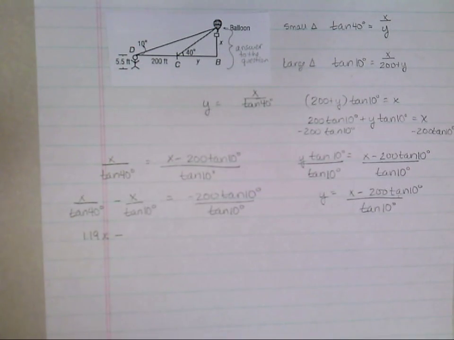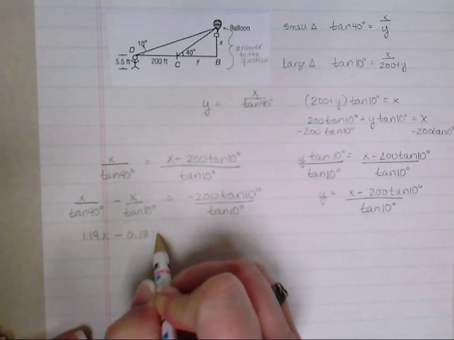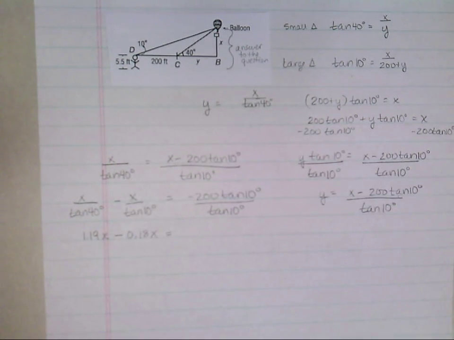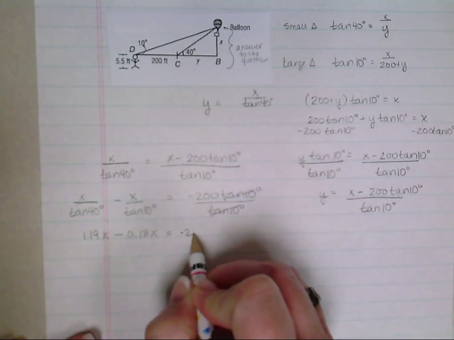Then if I take 1 divided by the tangent of 10 degrees, I get 0.18x approximately, is equal to negative 200 times the tangent of 10 degrees divided by the tangent of 10 degrees. And guess what? These two cancel, leaving negative 200.